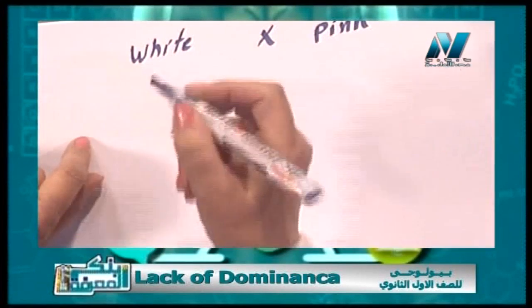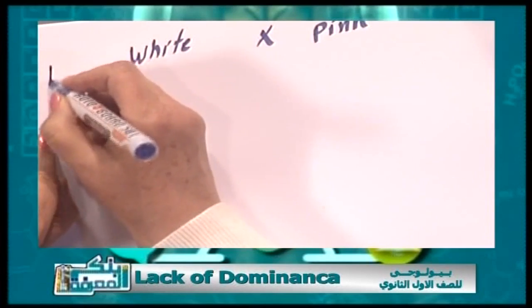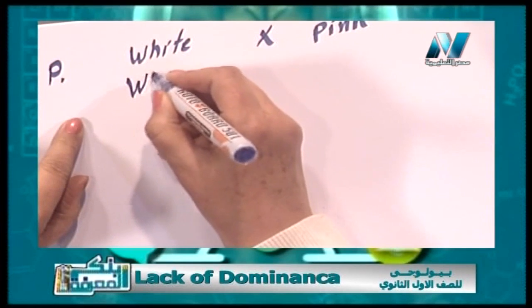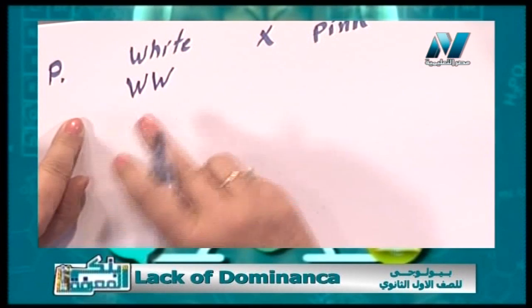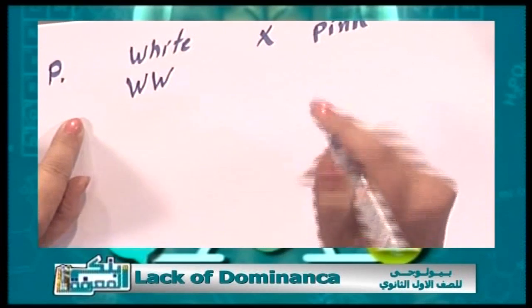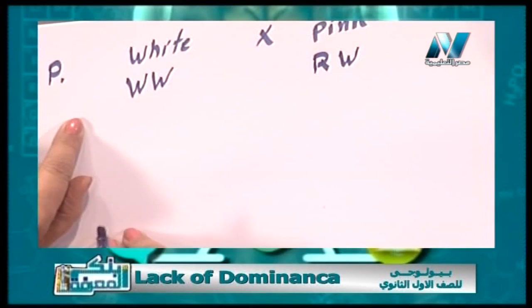Remember, what's the genotype of the white flowered plant? The white color should be, yes, that's right, WW. It cannot be anything else. What about the pink? That's right, the gene R with the gene W.